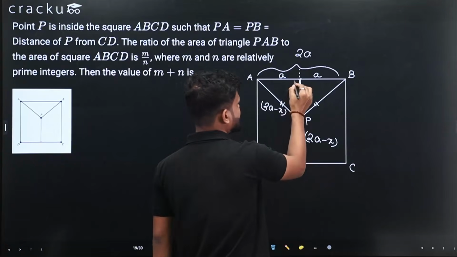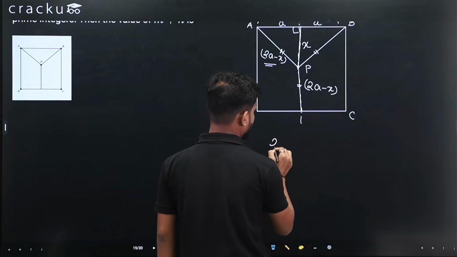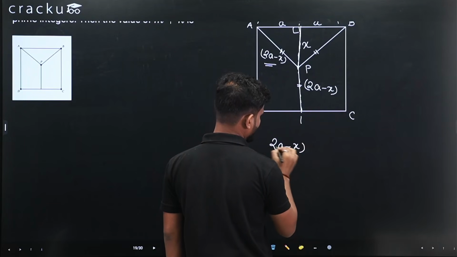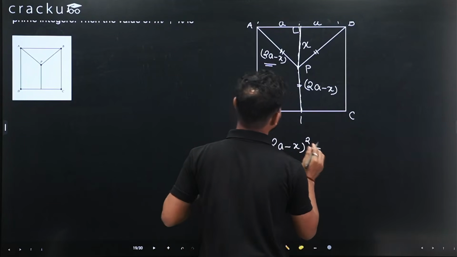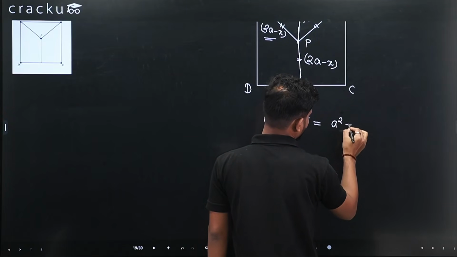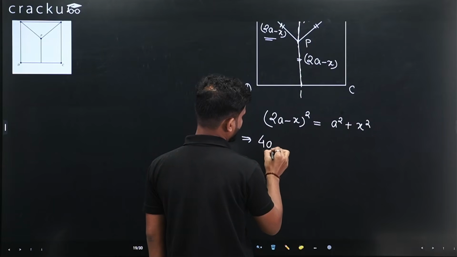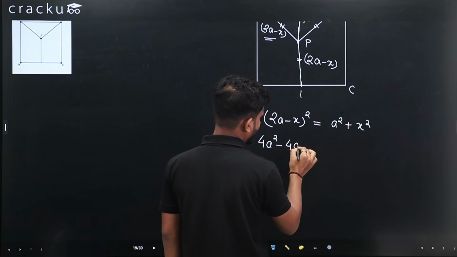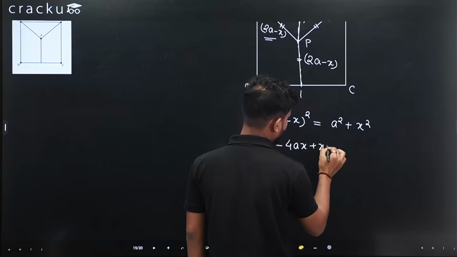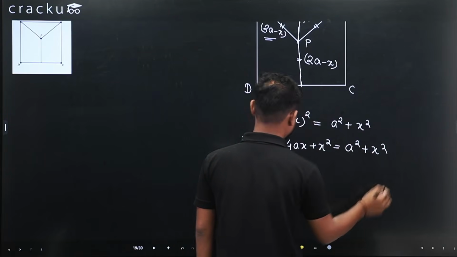Now, in this right angled triangle, I can say (2a minus x) square is hypotenuse. So (2a minus x) square is equal to a square plus x square. From here I can write 4a square minus 4ax plus x square is equal to a square plus x square.